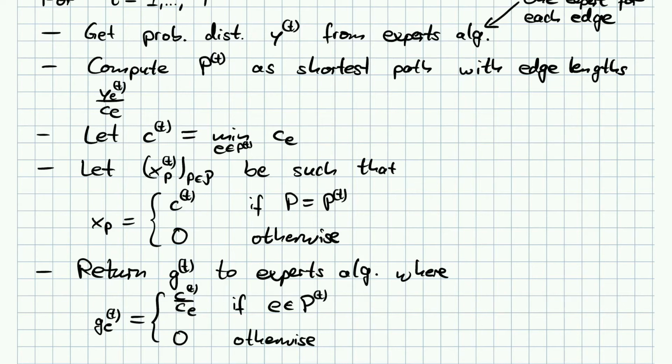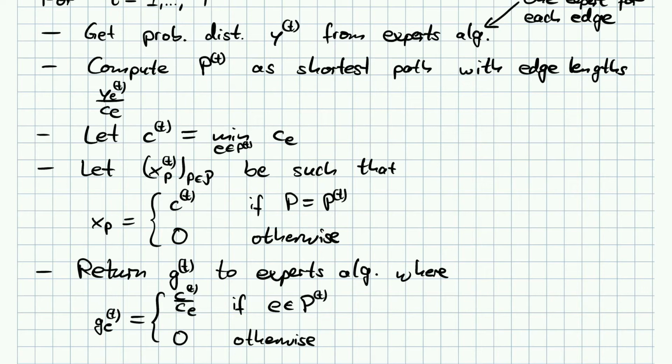And the goal of this expert's algorithm is kind of to make the edges that we are choosing very long, because this is what the expert's algorithm is getting gain from. Now, this is what we're doing in every one of our iterations.